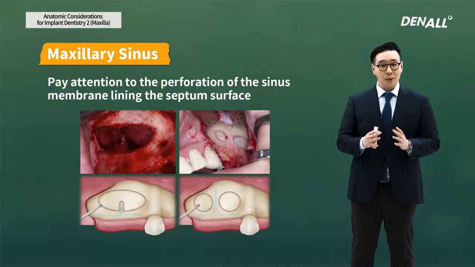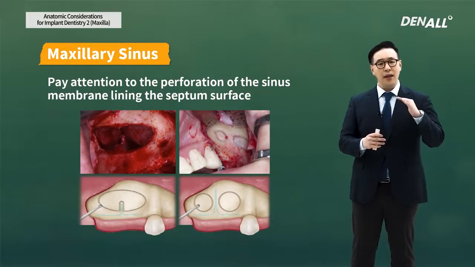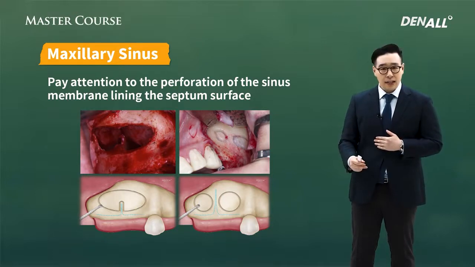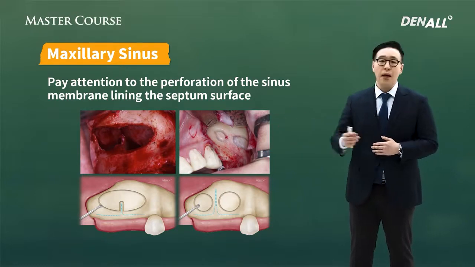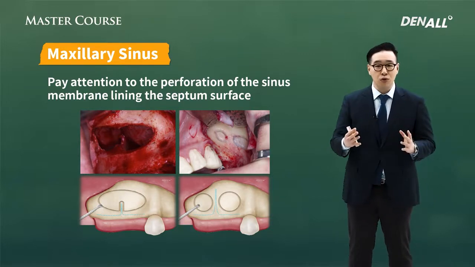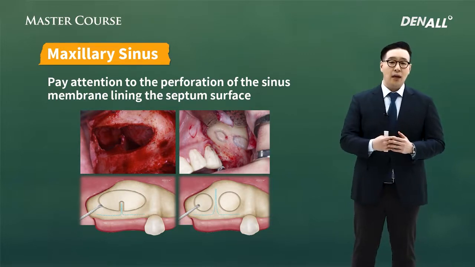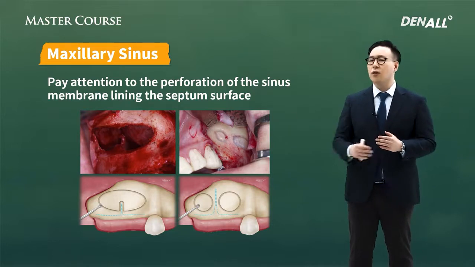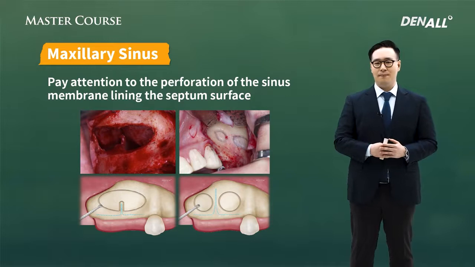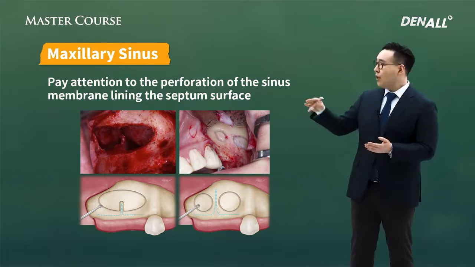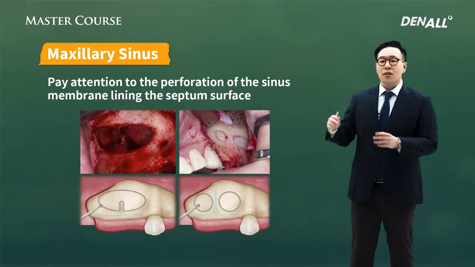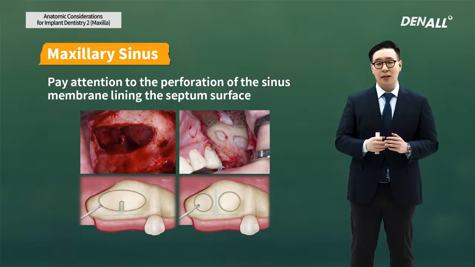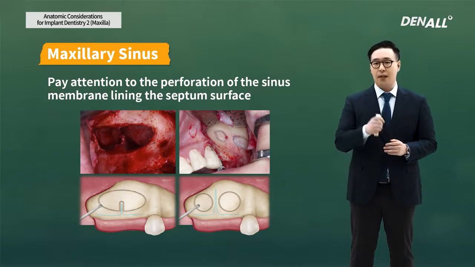Hence, when planning to place an implant, if the septum's height is lower than the implant apex, like on the left, having one wide window, isolating the septum and doing a full sinus membrane elevation would be easier. But if the septum height is high, it's better to have two windows and a separate sinus membrane elevation. That would be easier.